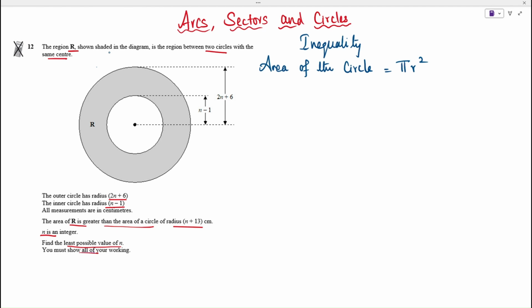So, to first form our inequality, we're going to have the area of our larger circle, 2n plus 6, that's our radius, and we're going to take that as pi times 2n plus 6 the whole squared. Now we're going to take our smaller circle.